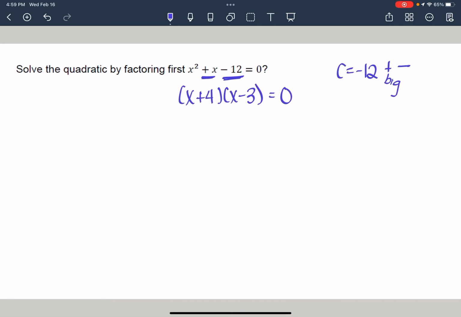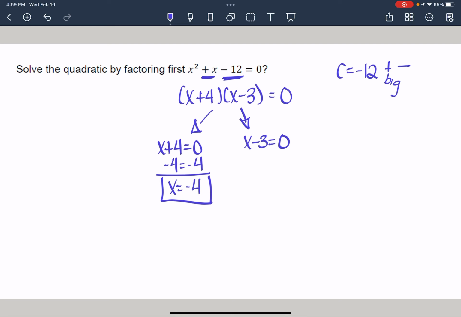So that's how I get x plus 4 times x minus 3 equals 0. So now I'm going to set each factor equal to 0 and solve for x. So to solve this for x, I'm going to subtract 4 from both sides, and I get x equals negative 4. Here I'm going to add 3 to both sides, and I get x equals 3.